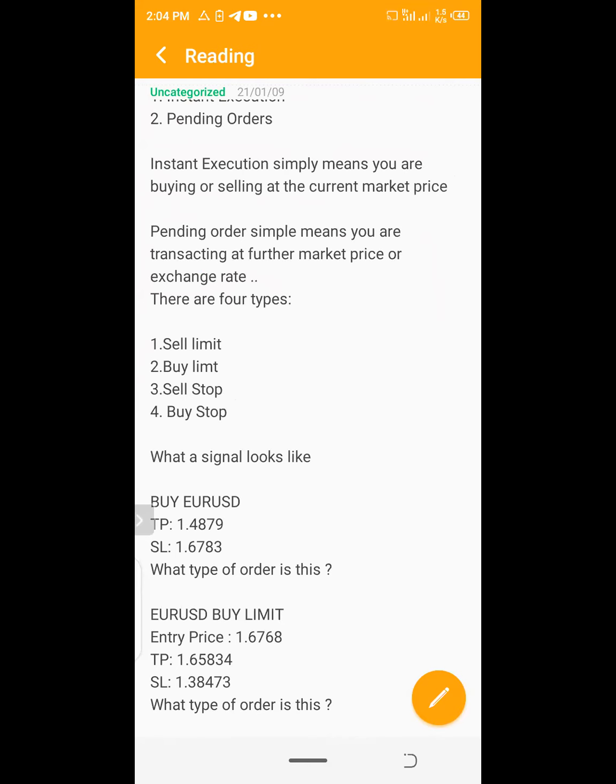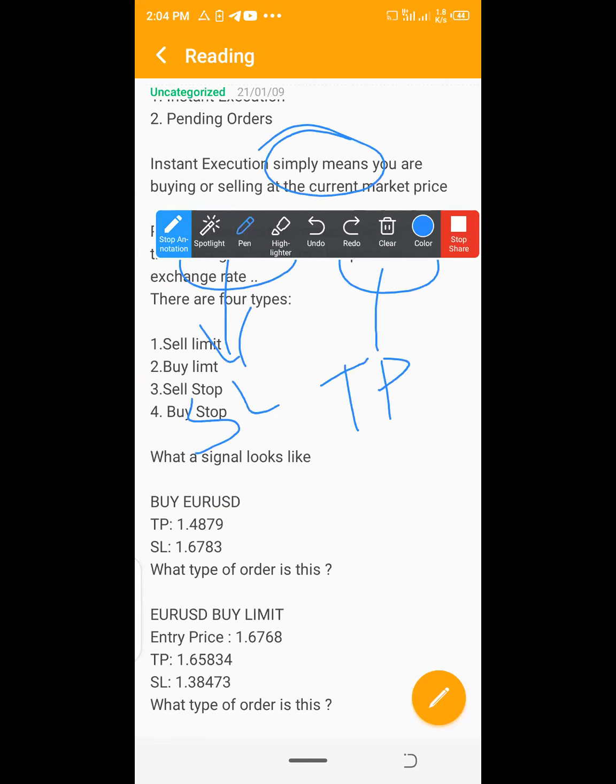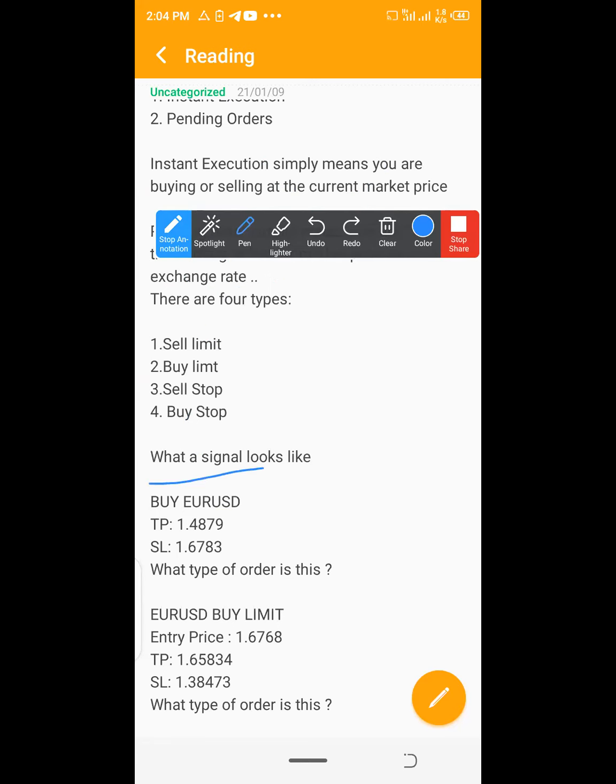Before I go into what to do when you see something like this, can somebody tell me what type of order that first one is? Remember, I've taught you instant execution and pending order. Is it instant execution or pending order?